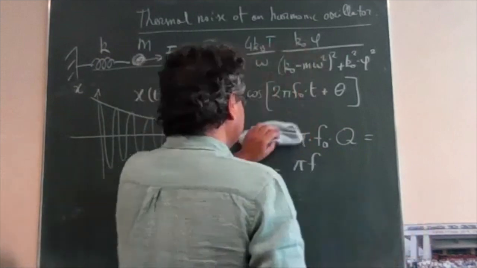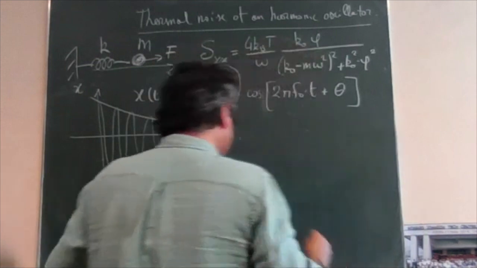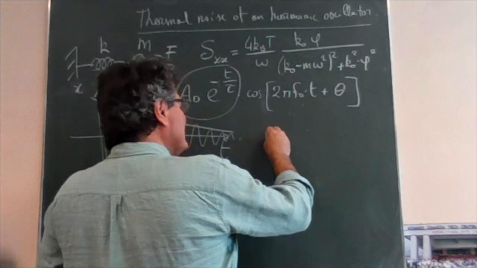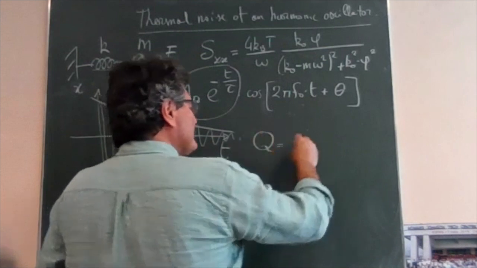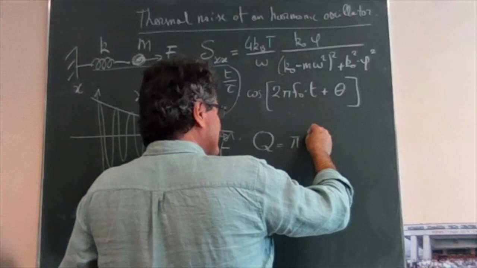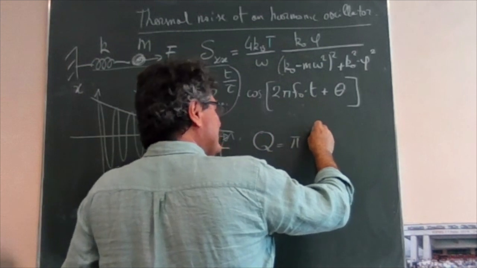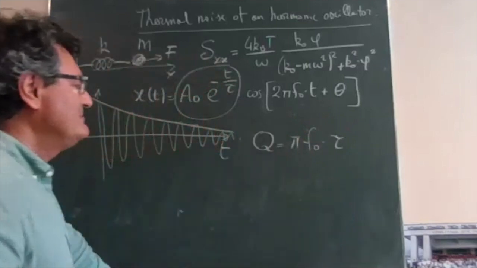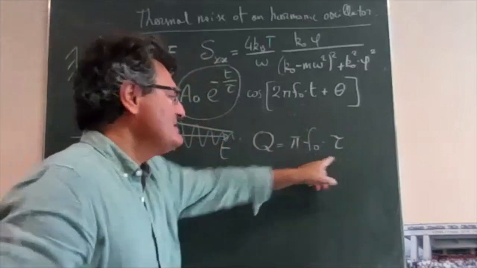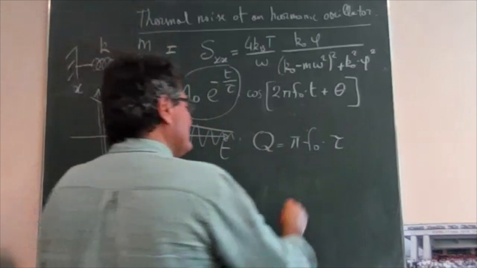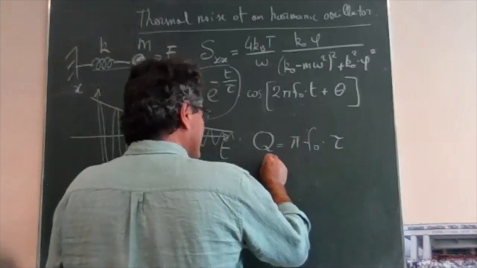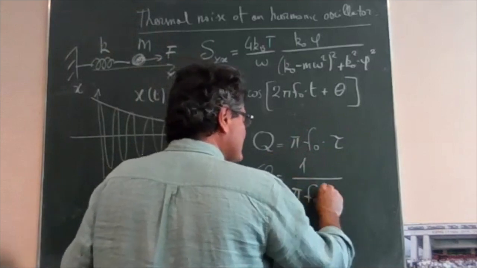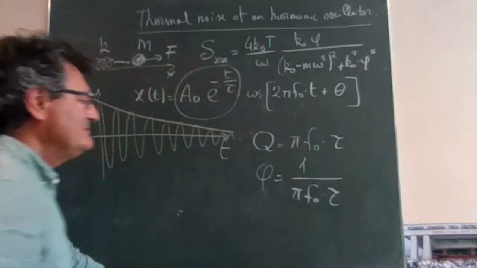The quality factor of your system is pi f naught times tau. Okay, so this is dimensionless. And so the loss angle is 1 over pi f naught times tau.